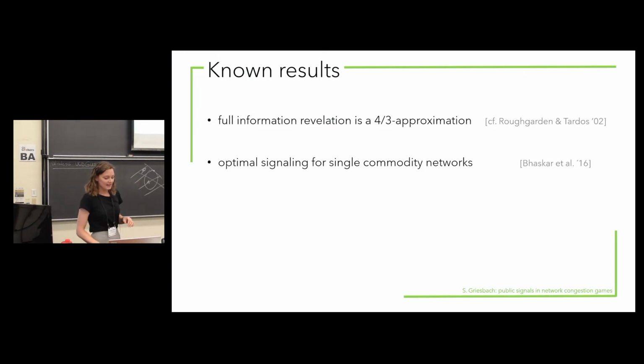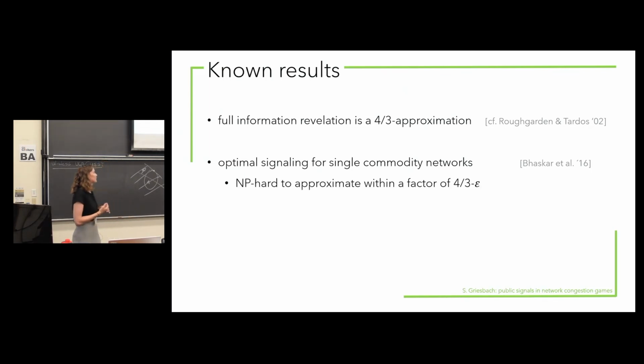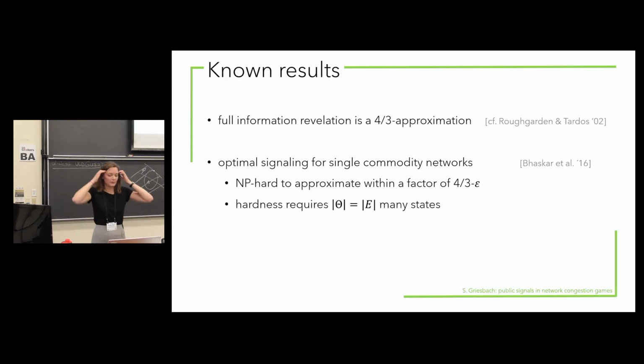And the other result is by Bhaskar and others, and they focus on optimal signaling schemes for single commodity networks. And they actually show that it's NP-hard to approximate those optimal signaling schemes by a factor of 4/3 minus epsilon. And for their hardness proof, they require E many different states.